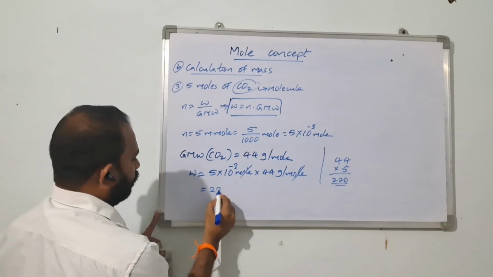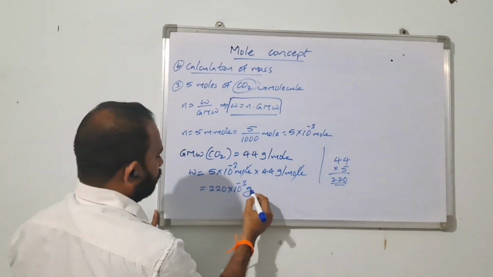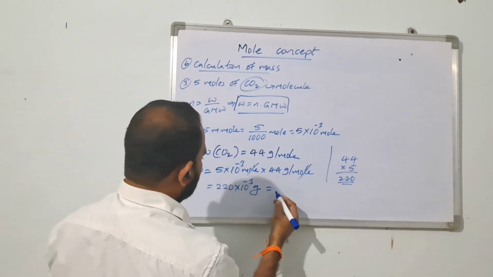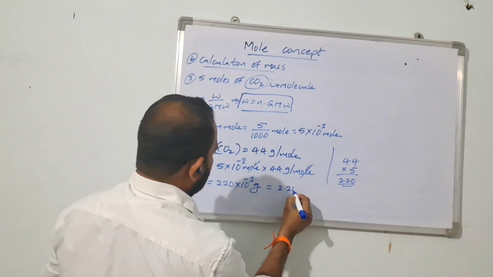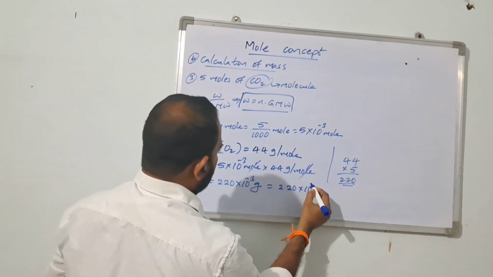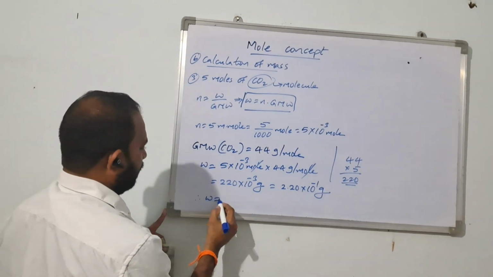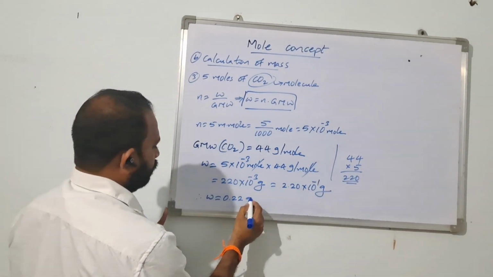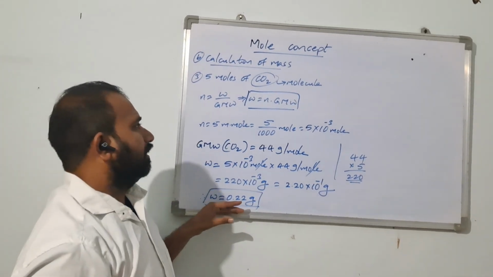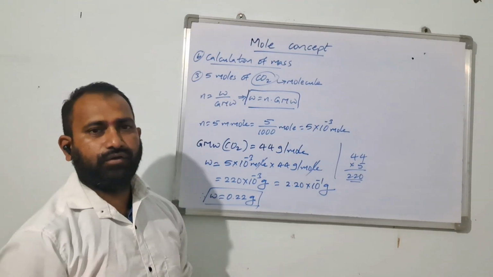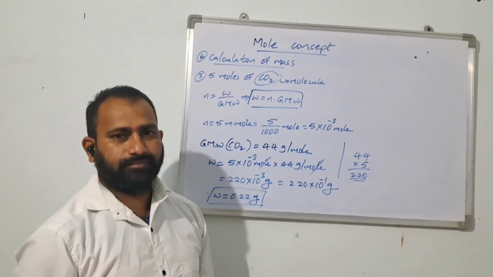So weight equals 220 into 10 power minus 3 grams, that equals 2.20 into 10 power minus 1 grams. Therefore, weight is finally 0.22 grams. This is the weight of carbon dioxide present in 5 millimoles of carbon dioxide.